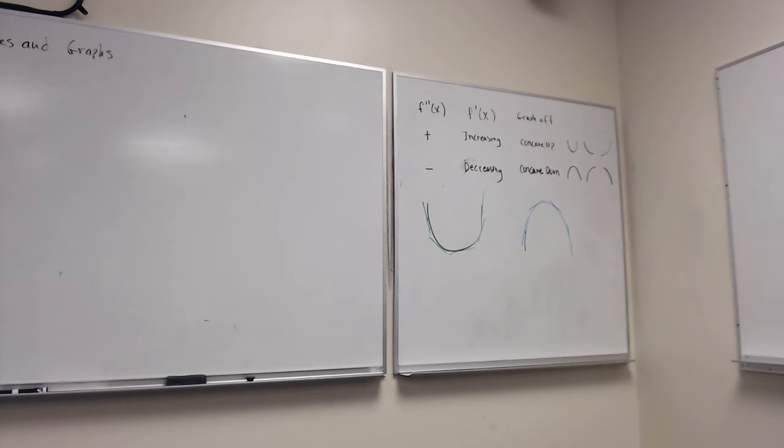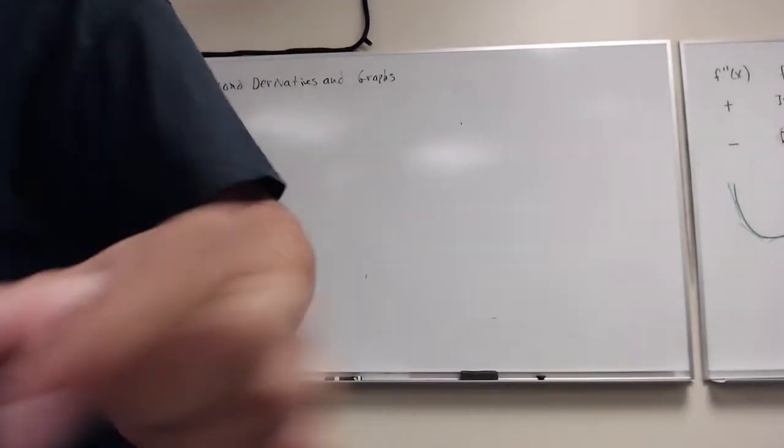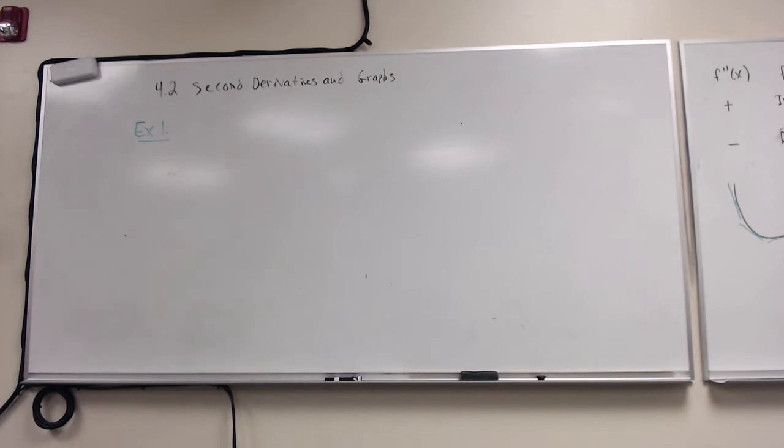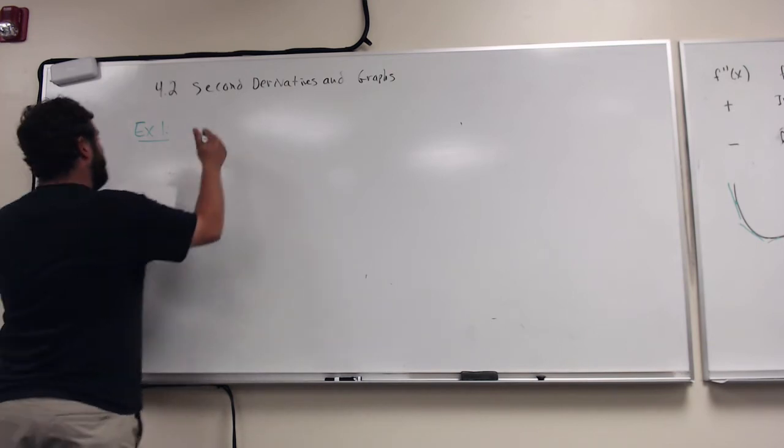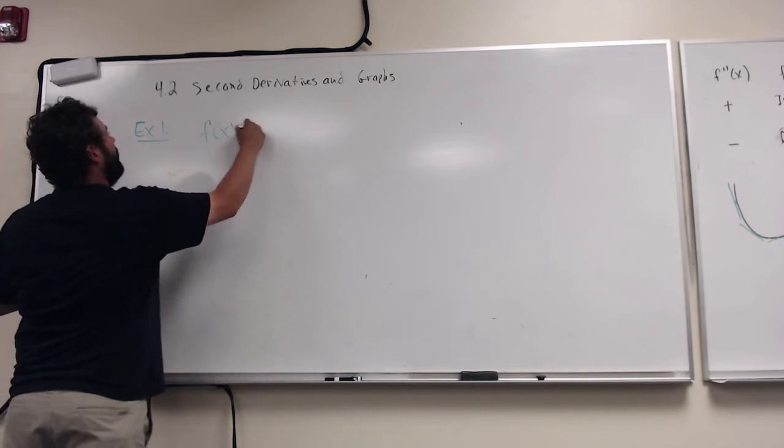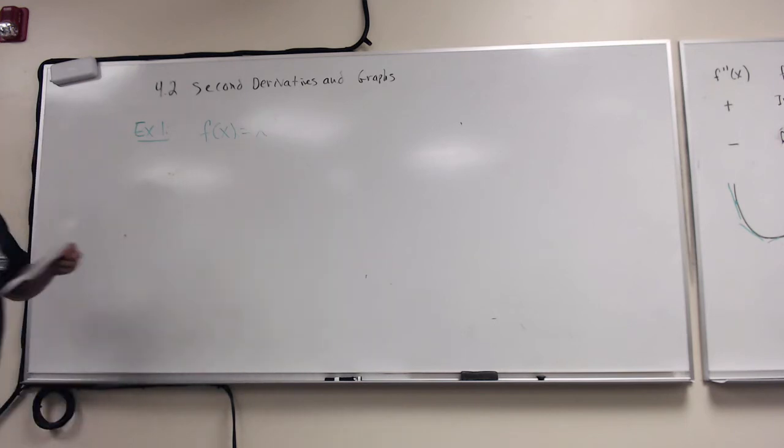All right, so example 1, we're going to take a pretty basic function when we do this first. I need to turn this back over here. Example 1, we're going to look at f of x equals x cubed.